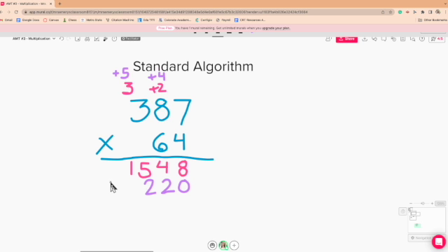So then we'll write 23 down here. I realize I never wrote my comma here on my first answer. So now that I have done that, we have multiplied the 4 from the ones digit by 387 and the 6 by 387.